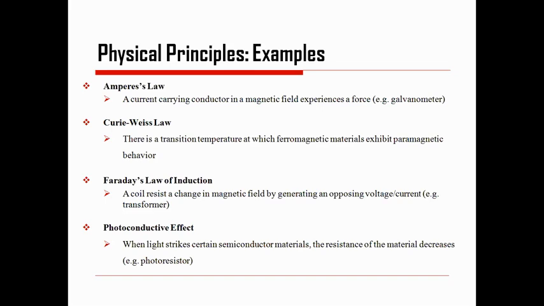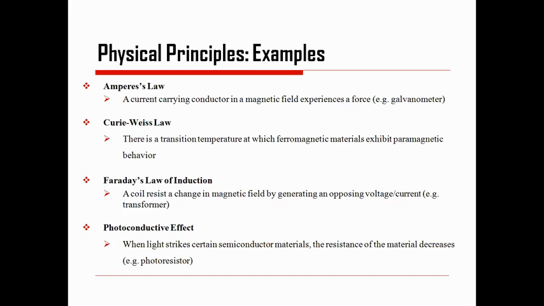Then photoconductive effect. When light strikes certain semiconductor material, the resistance of the material will either decrease or increase. Here the photoresistor is the best example, in which, depending upon NTC or PTC, that is negative temperature coefficient or positive temperature coefficient, the light radiation falling on the semiconductor material makes its resistance vary, and in proportion to the change in resistance, the resultant output generated across the output will change.